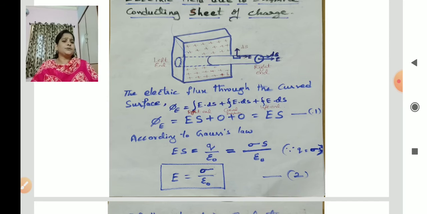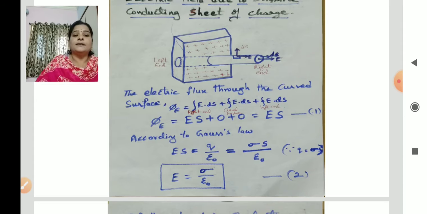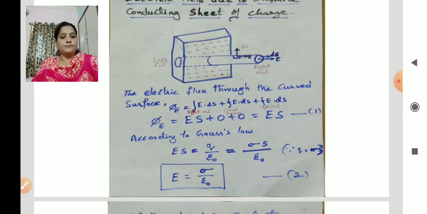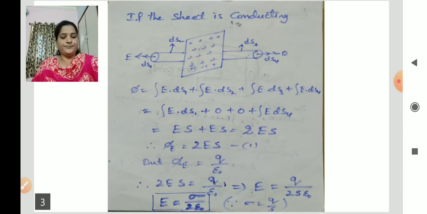Then Q is equal to sigma S. So ES is equal to sigma S by epsilon naught, and therefore the electric field E is equal to sigma by epsilon naught. That is equation number 2.